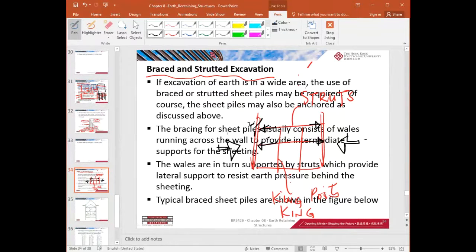So the strutting will provide the force to resist the soil pressure behind the wall. So it's under compression. It must be under compression. The braced structure.